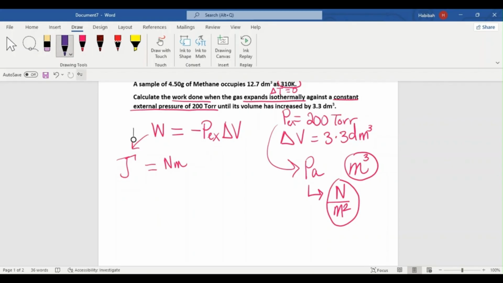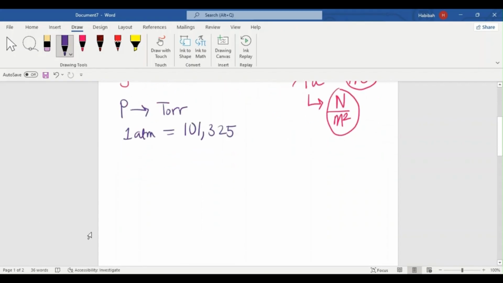So the first thing you should not forget is that pressure here is in torr. If we're trying to go from torr to pascals, we have to remember that 1 atm, this is what I actually used to remember all the time, is 101,325 pascal. So one atmospheric pressure is the same thing as 101,325 pascal.